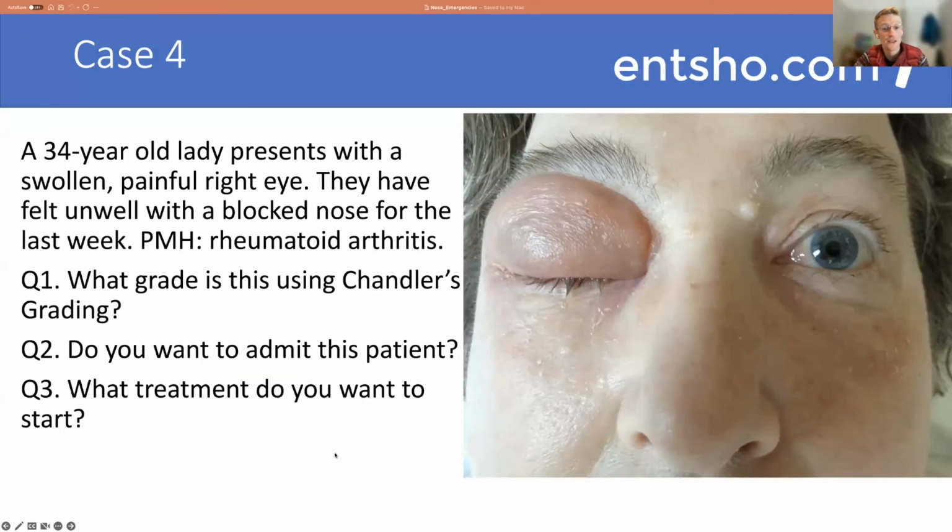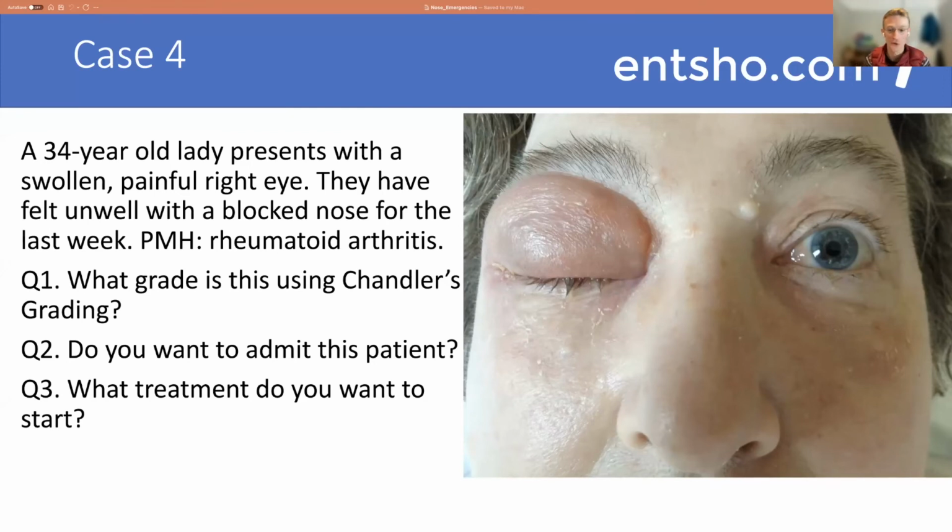So this is a 34-year-old lady who's presented with a painful, swollen right eye. We found, well, blocked nose for the last week, and she has a past medical history of rheumatoid arthritis. So what would you grade them on the Chandler grading, which is a bit of a giveaway about the diagnosis?